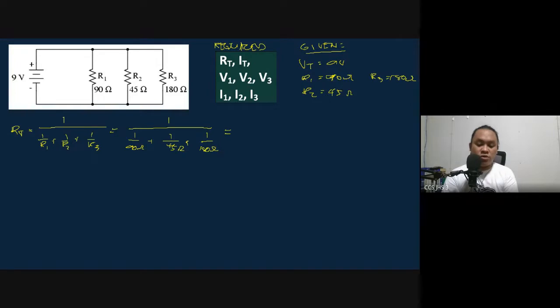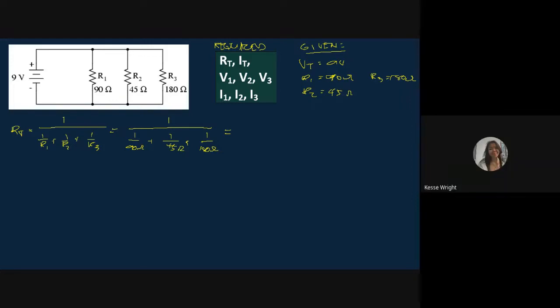What is the value of our total resistance? Is it a decimal or a fraction? 13.17 times 10 to the power of negative 3.